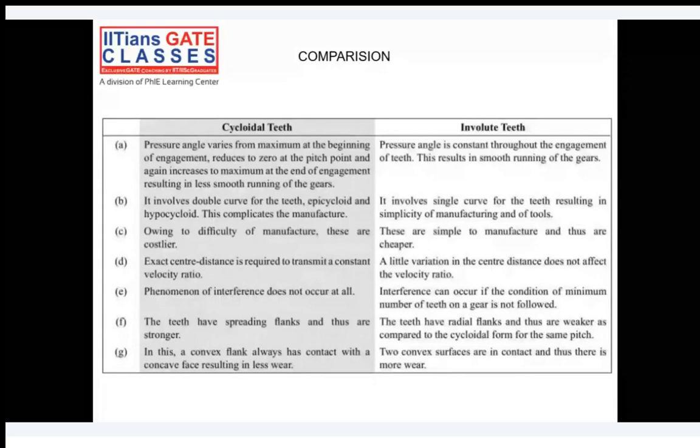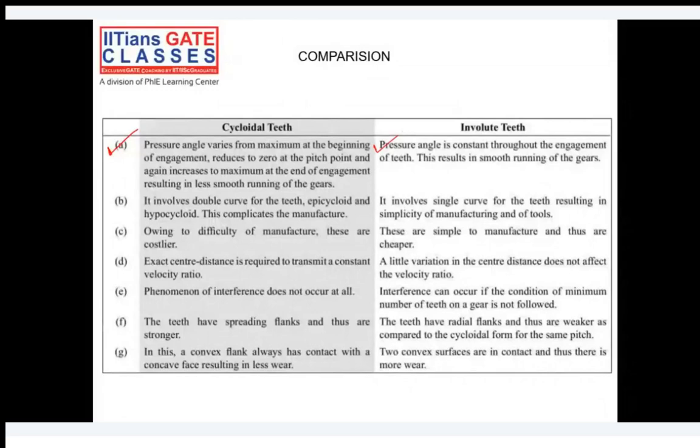In case of involute profile, we are not varying the profile. We are not changing from epicycloid to hypocycloid, like we do in cycloidal. Basically, the same profile is continuing. So pressure angle is constant throughout the engagement of the tooth in case of involute profile, whereas in cycloidal profile the pressure angle varies from maximum at the beginning of the engagement, then reduces to zero at the pitch point, and then again increases to the maximum value at the end of the engagement.